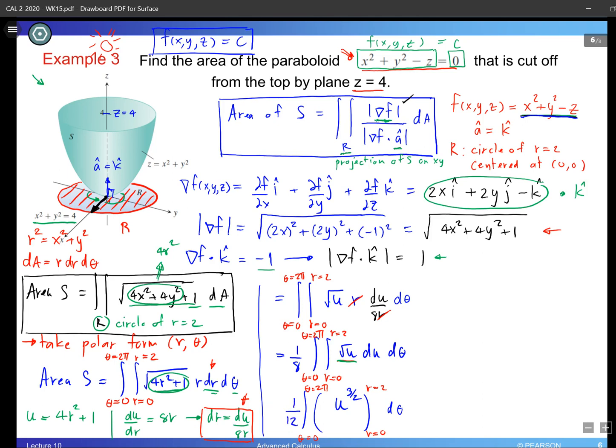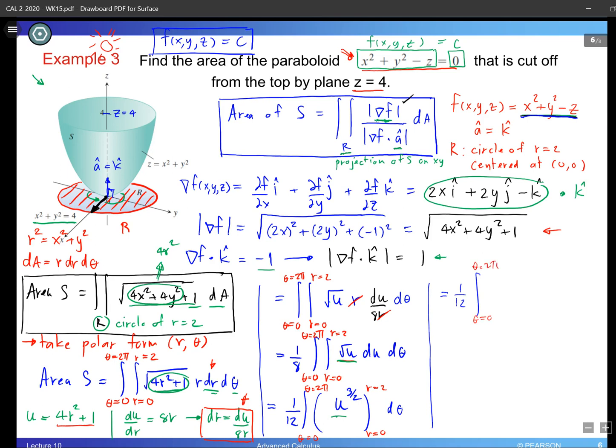Okay, now let's continue with this. We are supposed to evaluate u to the power of 3 over 2 at two values of r. And as you can see here, we still have u right here. So we need to put r back into this expression. So we are going to put this back: u equal to 4r squared plus 1. Okay, this is going to be equal to 1 over 12 integration from theta equal to 0 to theta equal to 2 pi.